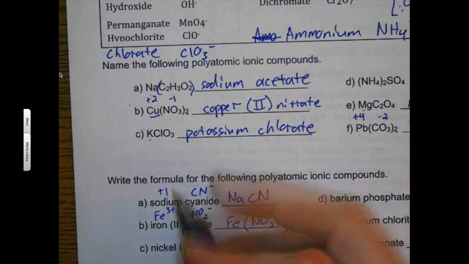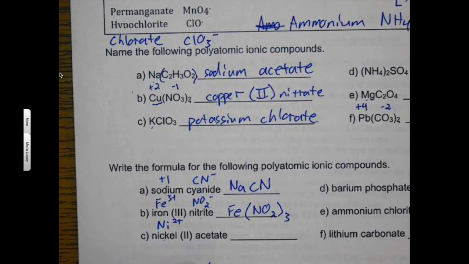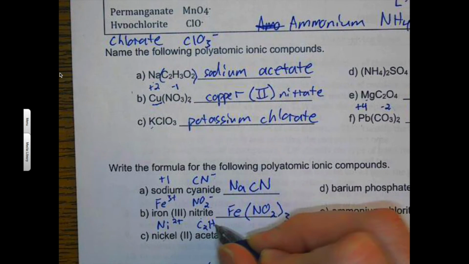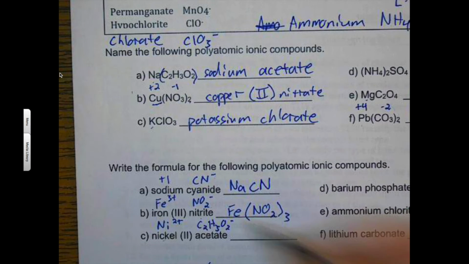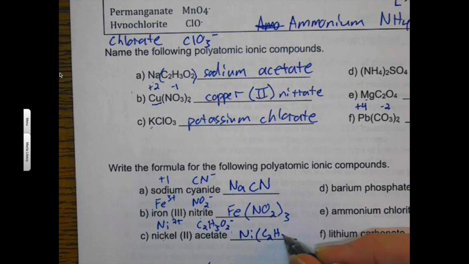So that's nickel with a 2 plus charge because the oxidation number is 2. Acetate is C2H3O2 with a minus charge. So that 2 comes down to the other side. So we're going to call it nickel C2H3O2, and there's a 2.